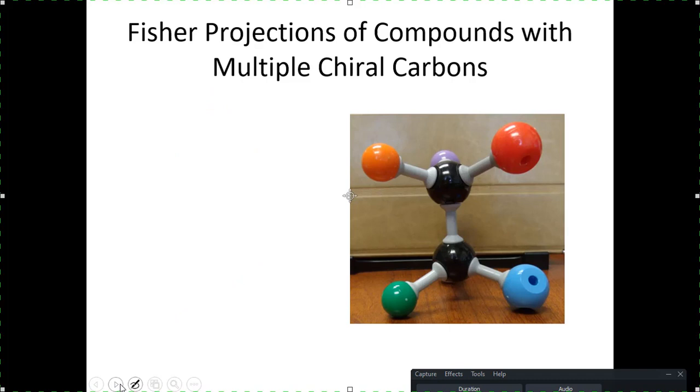Okay. Now, why would we want to do that? Because if we're going to determine the R and the S configurations, we have to turn a Newman projection into a sawhorse. Now, before we do that, let's look at the Fischer projection. So if we see a Fischer projection here, this bond right here is in the plane.